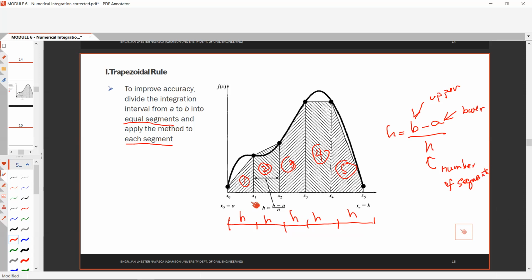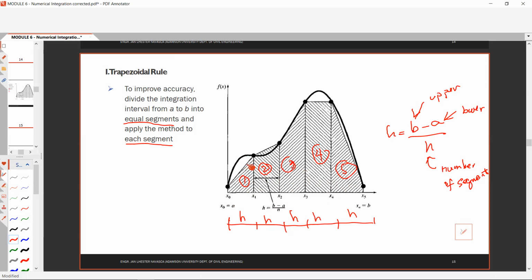For example, with 1, 2, 3, 4, 5 segments, h is b minus a over 5. If we increase the number of segments, our error gets smaller.